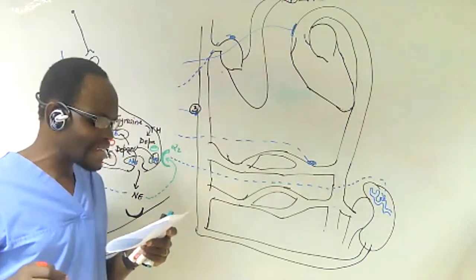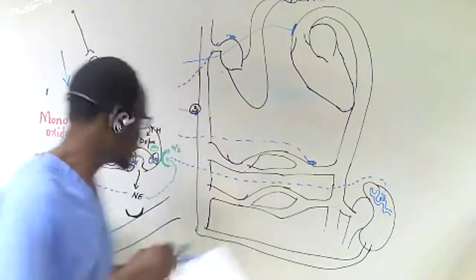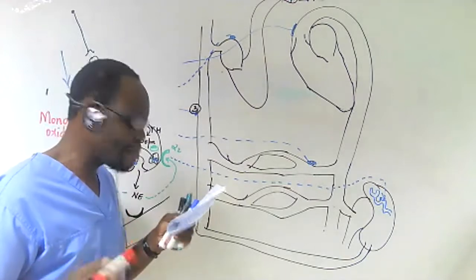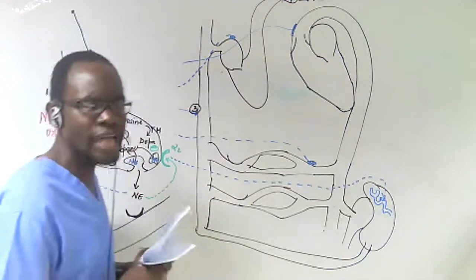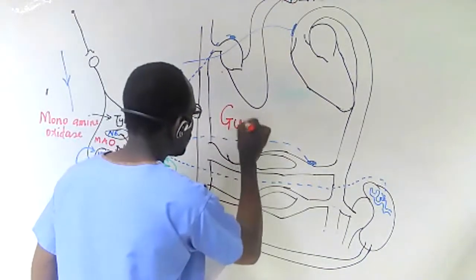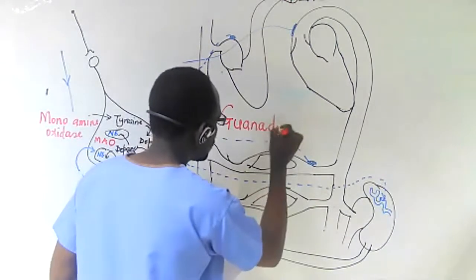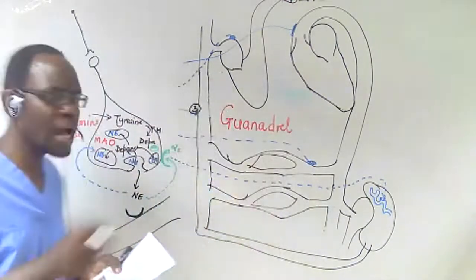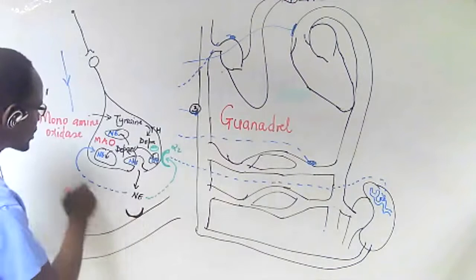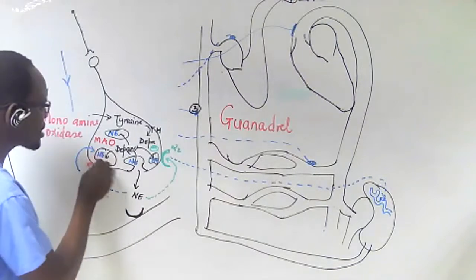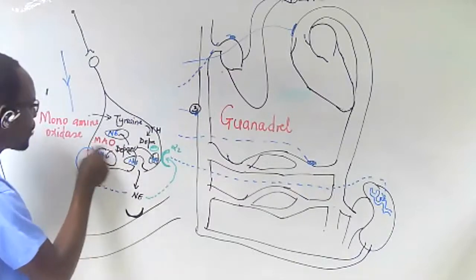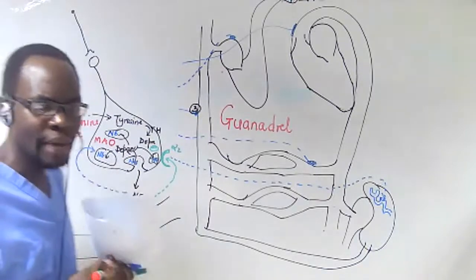Now, what are some examples of these drugs that get concentrated in the vesicles? A very good example is what we refer to as guanadrel. When it is given, it is taken up by this mechanism and concentrates in the vesicles, then it pushes the norepinephrine out, which is destroyed by monoamine oxidase.